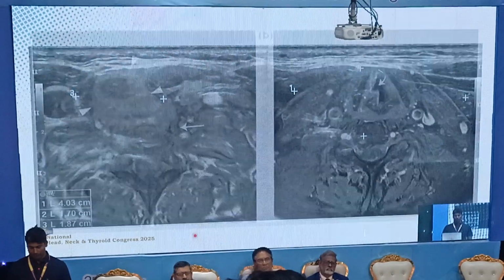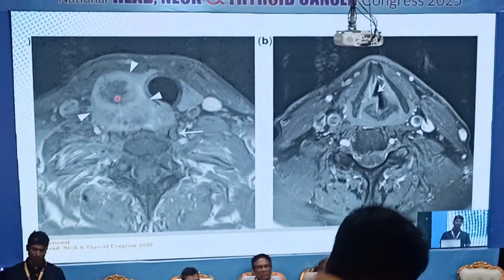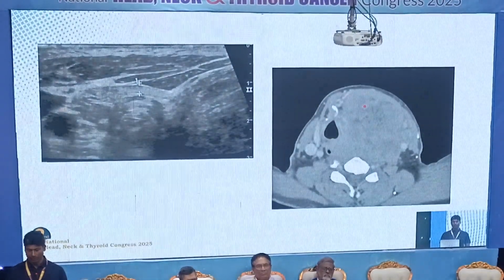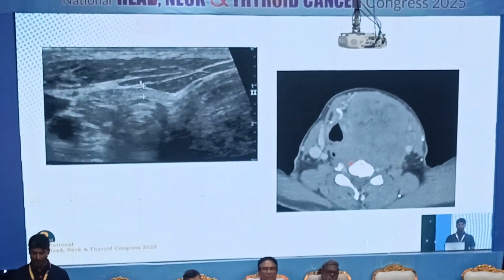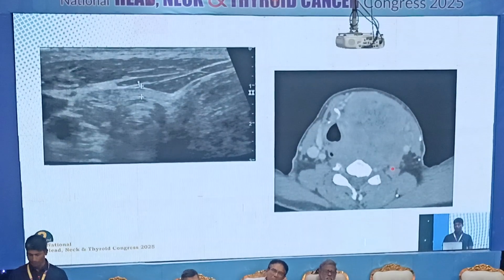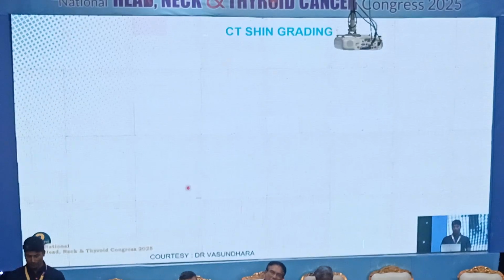This is ultrasound. This is MRI, where if you are thinking that prevertebral fascia involvement is there, then MRI is recommended. This is a large thyroid tumor which is infiltrating the esophagus, extending into the tracheoesophageal groove and the prevertebral fascia. So prevertebral fascia involvement, we see it on cross-sectional imaging.